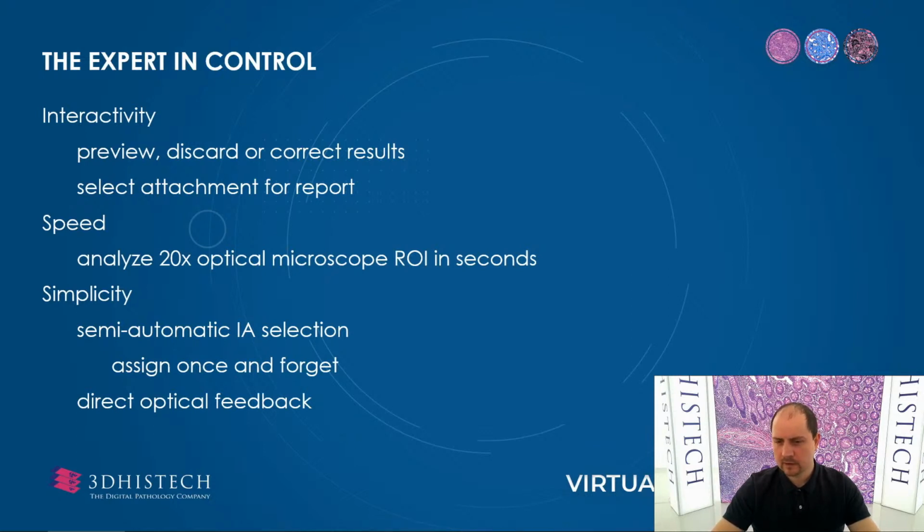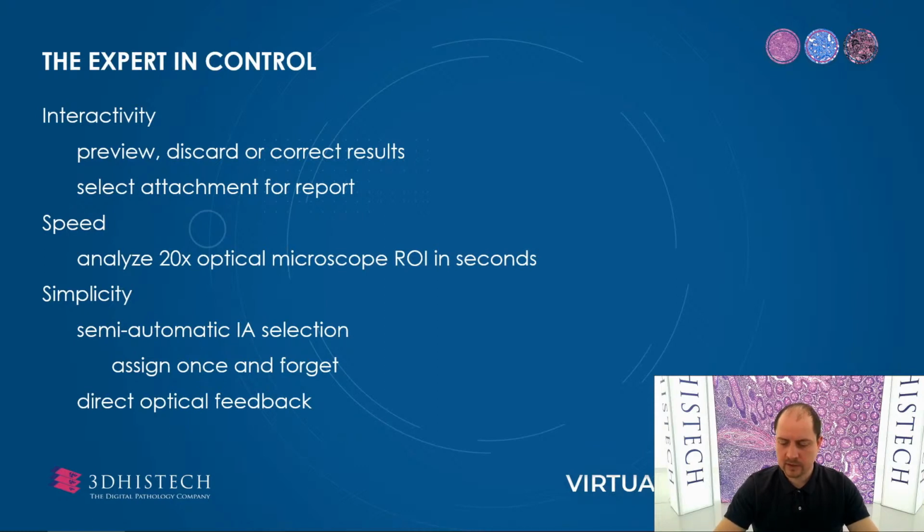Image analysis selection is also automatized somewhat. There is staining information present in the LIS, or in our case, it is transferred through Case Manager to the image analysis modules. And to these stainings, different image analysis modules can be assigned. And these settings are also remembered.